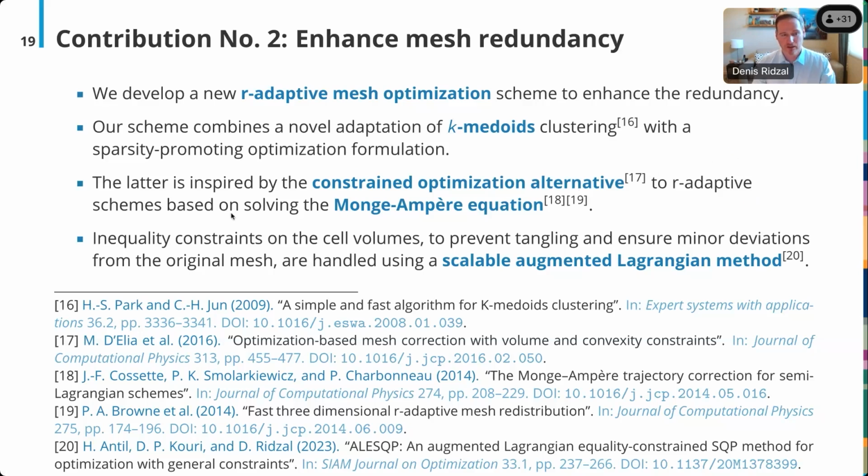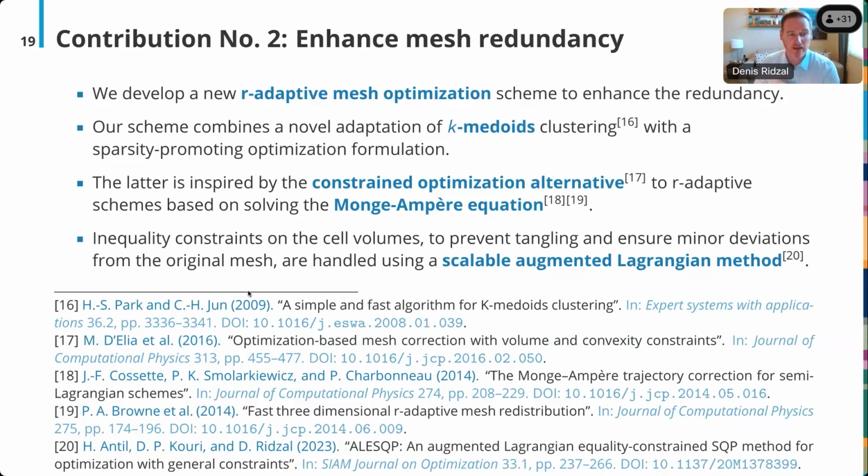Our optimization formulation is inspired by some recent work that we did on optimization-based mesh correction with volume and convexity constraints. That's a JCP paper. And it's an alternative to some similar schemes that are based on solving the Monge-Ampere equation. I think the schemes we developed are a little bit more robust and can be made scalable very easily.